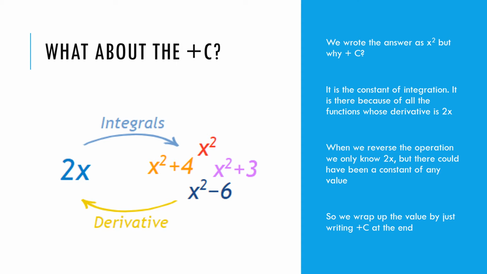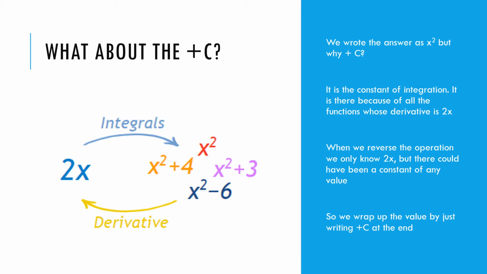Now, where does that plus c bit come from? When we integrate 2x, we get a value of x squared, but we wrote a value of plus c next to it. This is called the constant of integration. It's there because of all the functions whose derivative is 2x. Now think about that. The derivative of x squared is 2x, but the derivative of x squared plus 4 is also 2x.